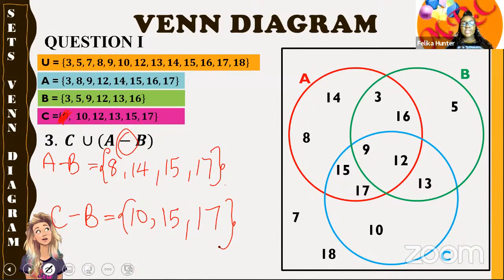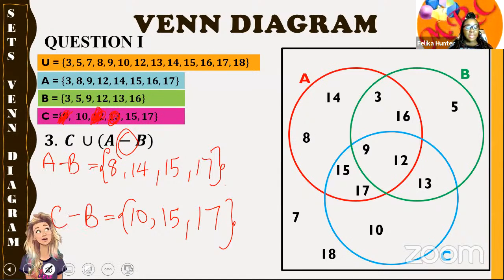So 9 belongs to B, 12 belongs to B, 13 belongs to B. The only thing that C would be left with is 10, 15, and 17. So again, your answers are going to be from the first letter. Anything that comes first.